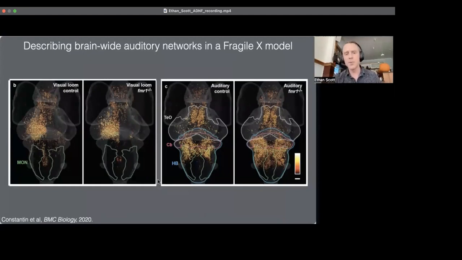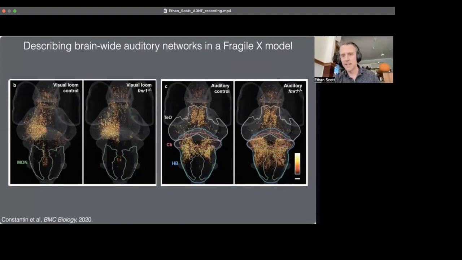To make a long story short, when Lena Constantin, a postdoc in the lab at the time, looked at responses to visual stimuli, she didn't see any marked differences between the controls and their mutant siblings. But when she looked at auditory stimuli, with a preliminary, fairly shallow stimulus train of acoustic stimuli, she saw more cells responding in the mutants and responses over a greater region of the brain.